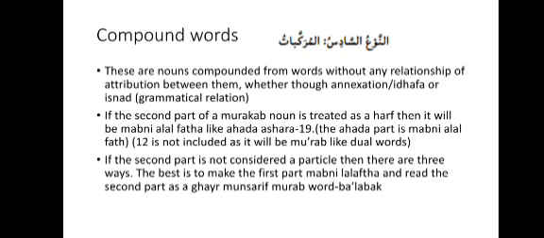If there are 2 words there, you might be thinking, what vowel would the first word have and what vowel would the second word have? If the second part of a murakkab noun is treated as a harf, then it will be mabni al-fath. This just means, I wrote this quite confusingly, that if you assume there is a particle in between the 2 words, then it will be mabni al-fath.